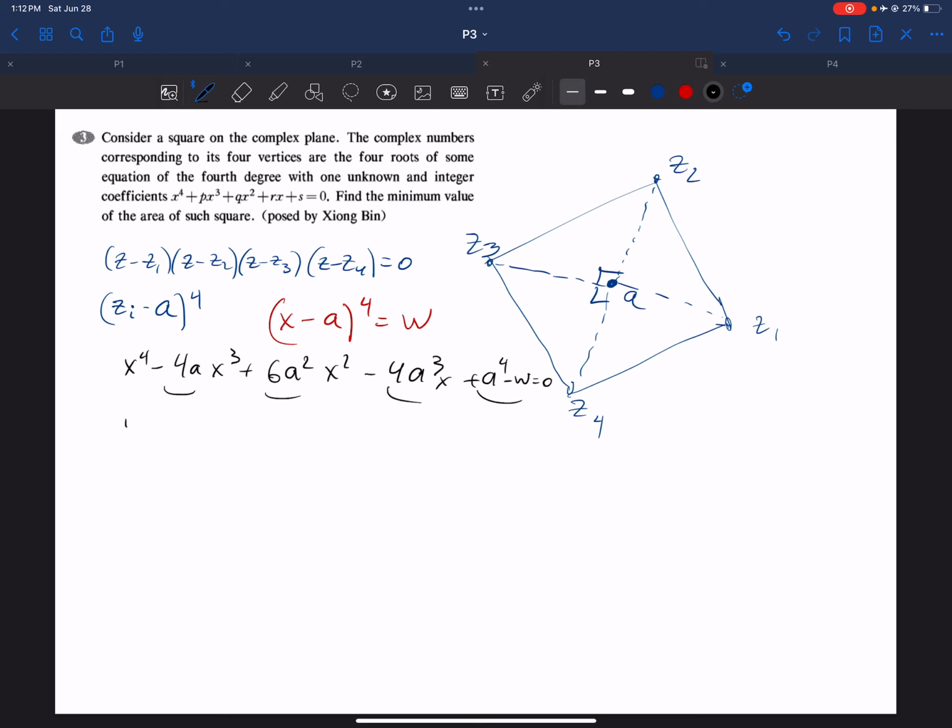Okay, 4a is an integer, 6a squared, 4a cubed, they're all integers. What does it mean? I think it means that a is itself an integer, right?